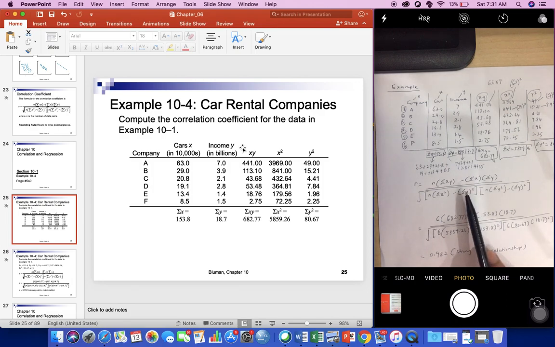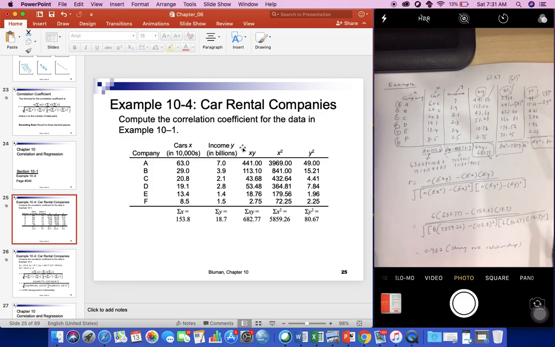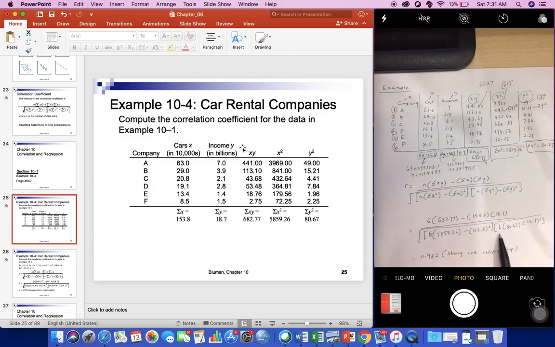So sum up the summation of x, and then power of 2. The same goes with y: n is 6, the summation of y power of 2 is this one, and the summation of y, this one, power of 2.